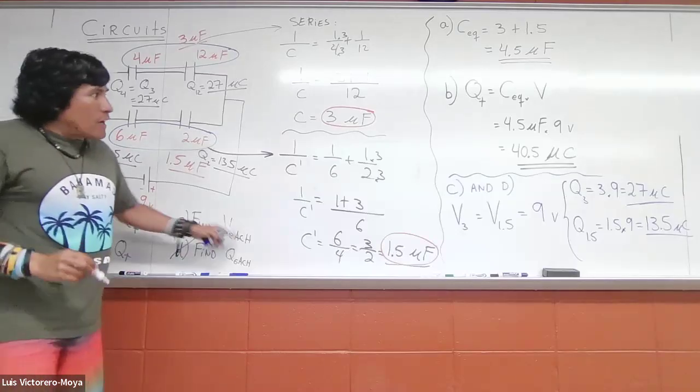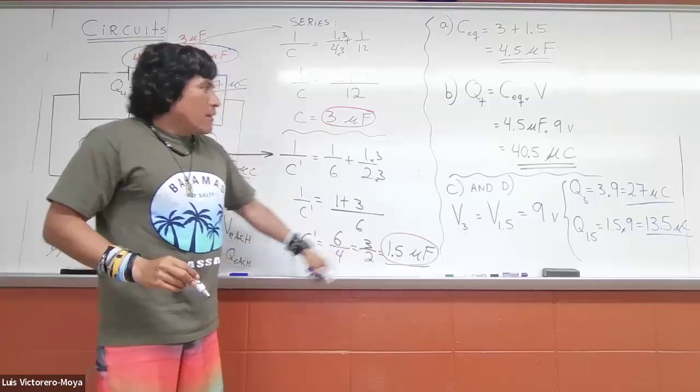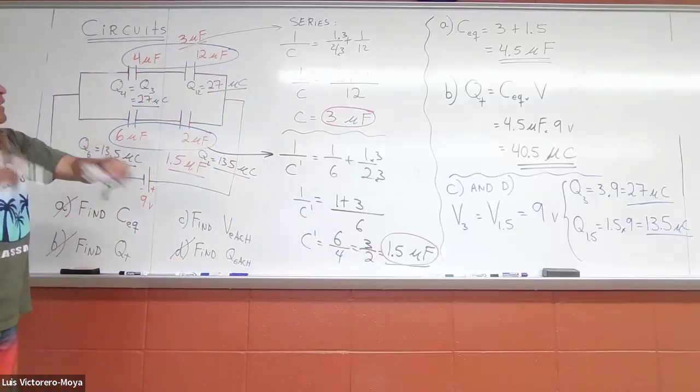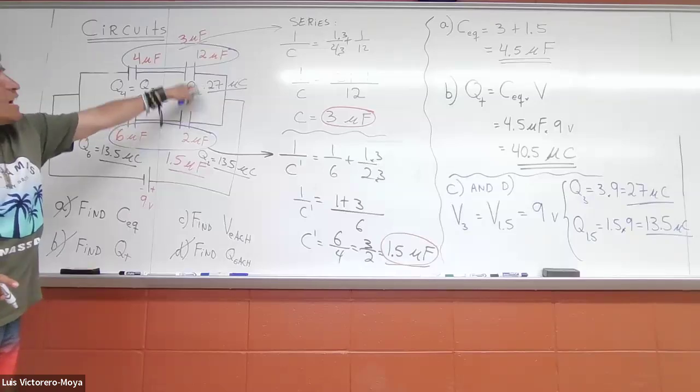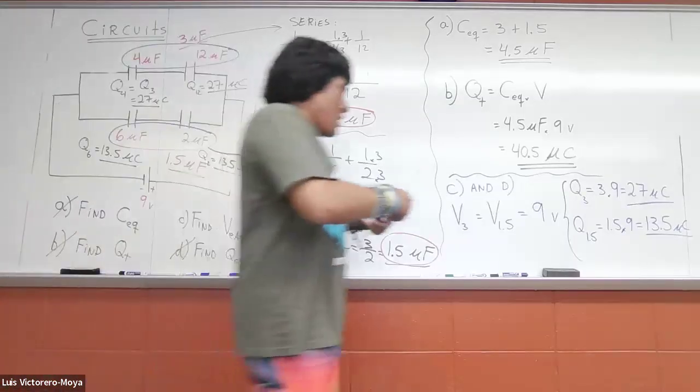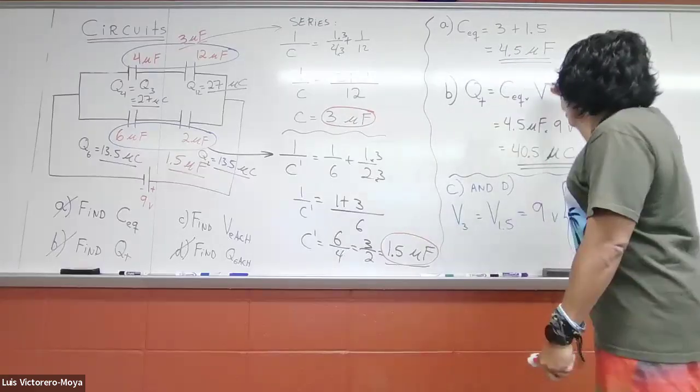And then I found the voltage here and here, but I don't have the voltage on each capacitor yet. If I have the charge and I have the capacitance, it's very easy to find the voltage. Use this equation.